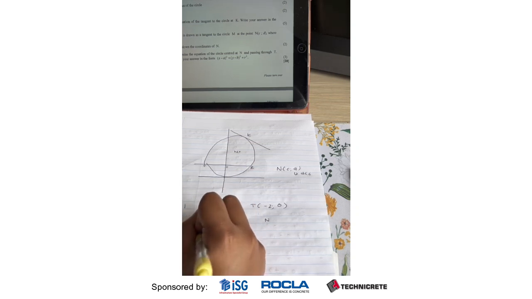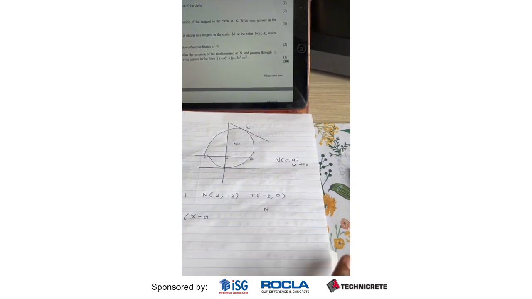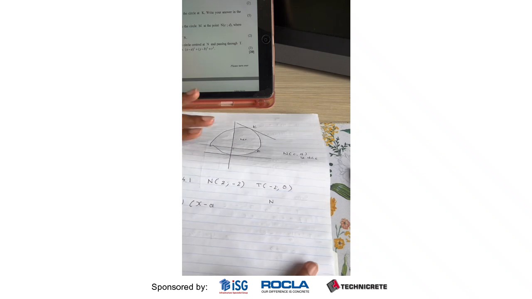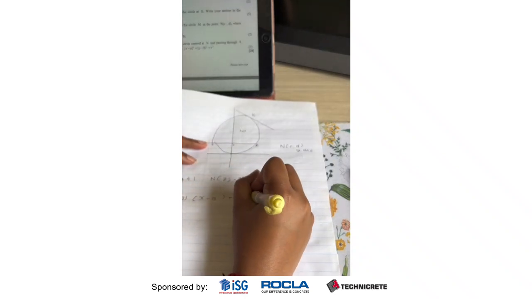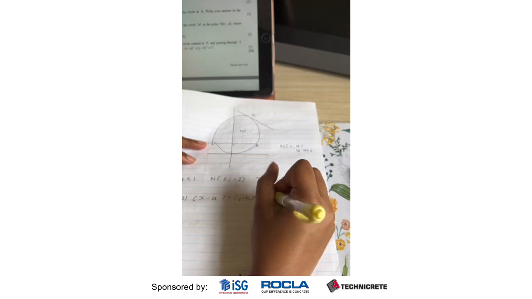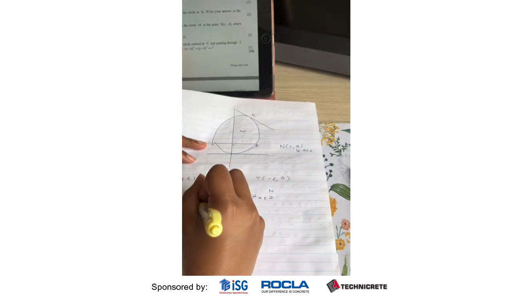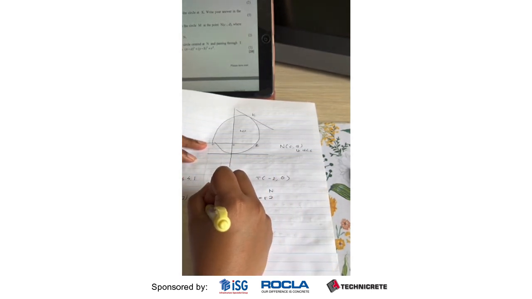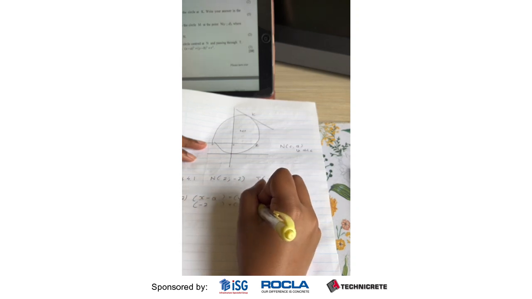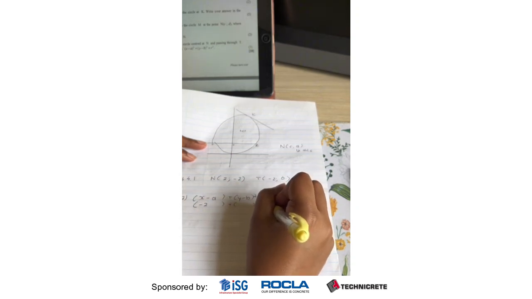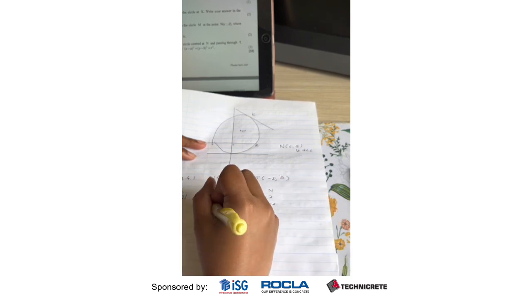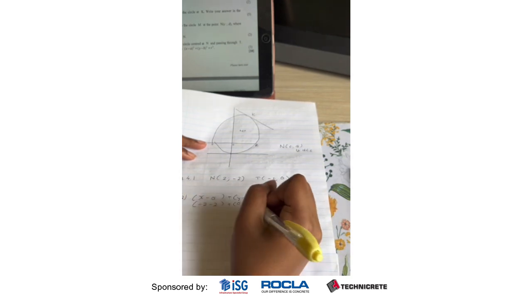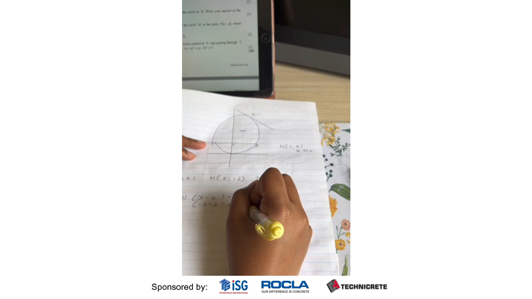So x minus a, the formula that is given in the question, plus y minus b squared is equal to r squared. So let's use -2 from my T, and that will correspond to y minus 2 plus 2.